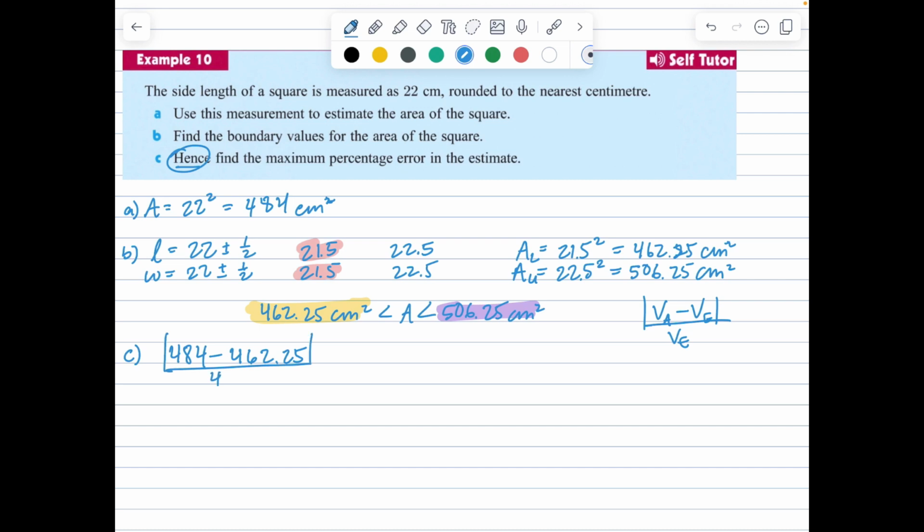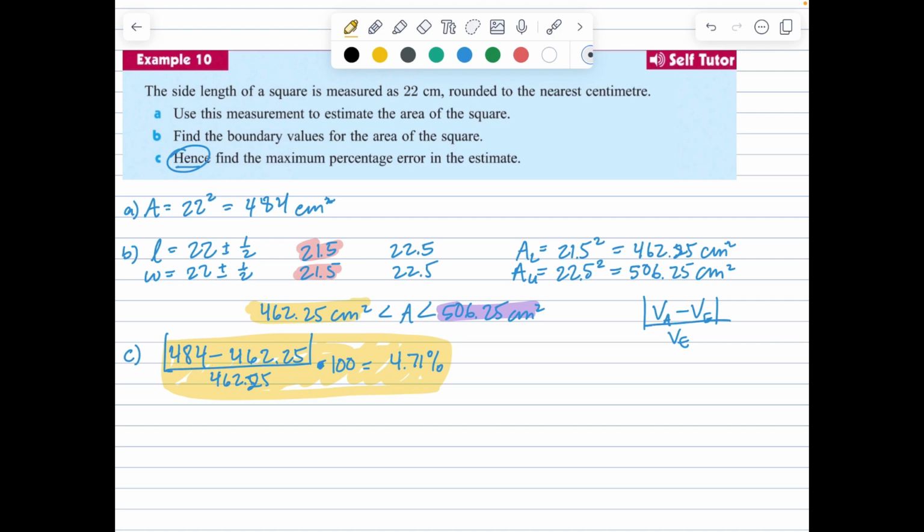Absolute value of that, and divided by 462.25. And that gives us a percentage error. And then, by the way, you can go ahead and do times 100 if you want to here to give you your percent. But that gives us 4.71%. And I just want to make sure we see that this is from the lower boundary of our area.